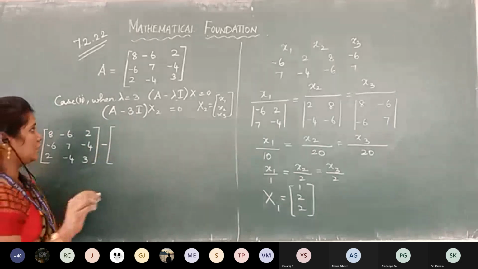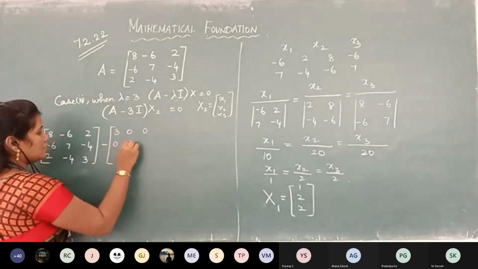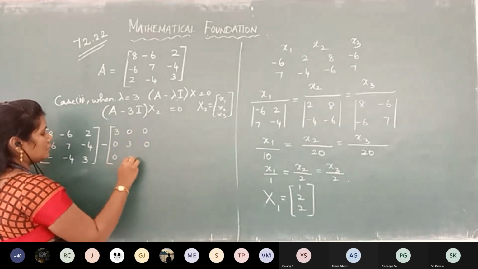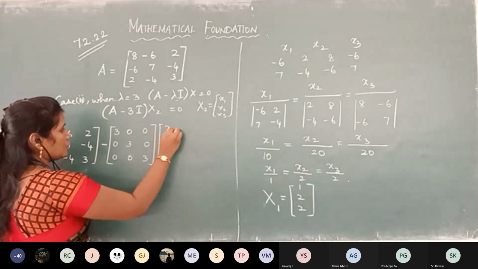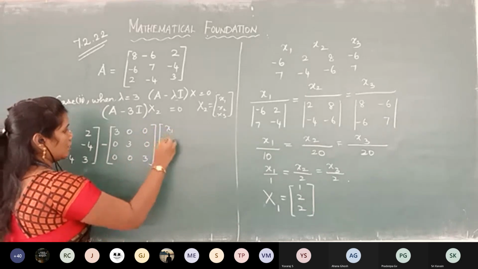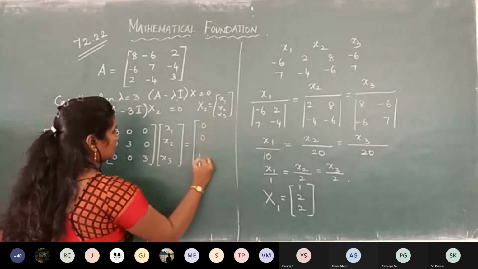You have to multiply the 3 inside, so it becomes 3, 0, 0, 0, 3, 0, 0, 0, 3, into x1, x2 and x3 is equal to 0, 0 and 0.